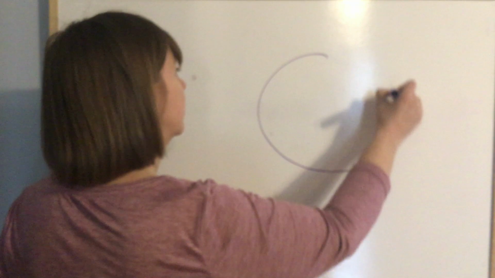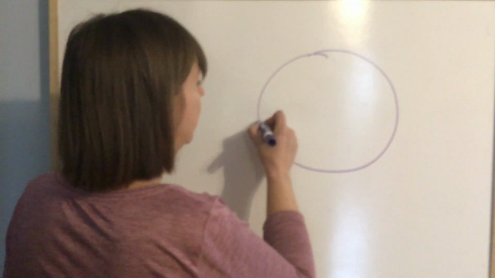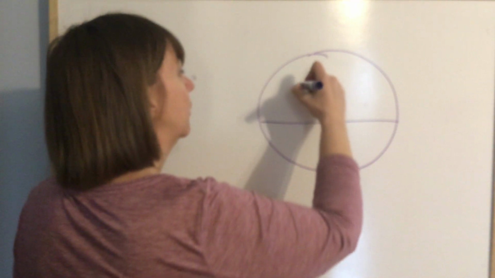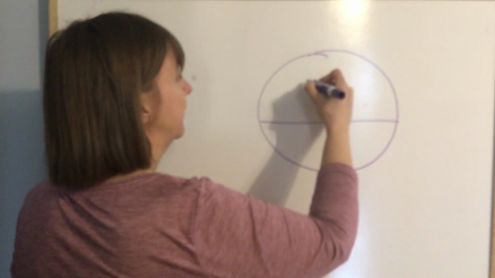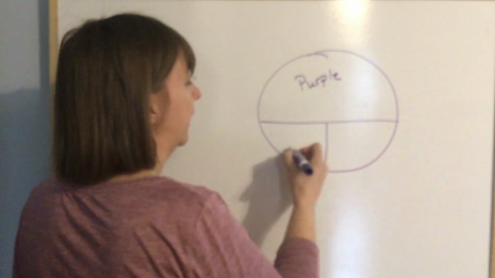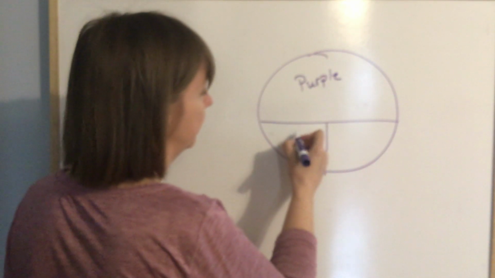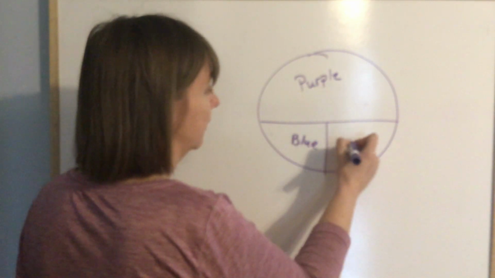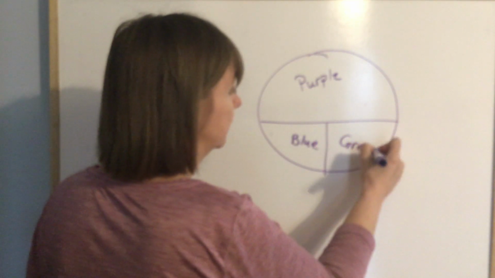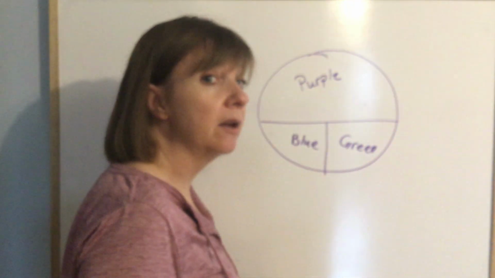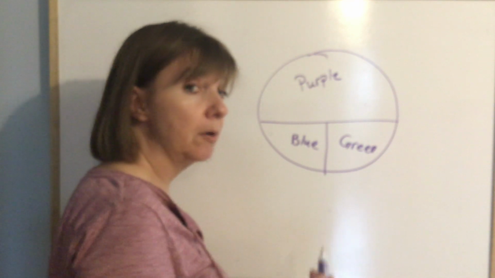So for instance, if I had a spinner and half of it was, say, purple, and then this piece was blue, and this piece was green, and I said, what's the probability of you getting a purple?